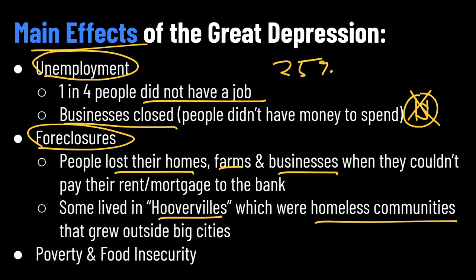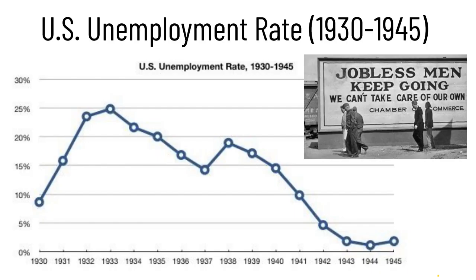They didn't want to leave the city because they're still looking for jobs, but they didn't have a home to go to. We'll talk about why they're called Hoovervilles in just a moment. But as you can see, the last bullet point here is pretty clear. A big effect of the Great Depression is a lot of poverty and a lot of food insecurity. Because of course, if you lose your home and your job, finding your next meal is scary.